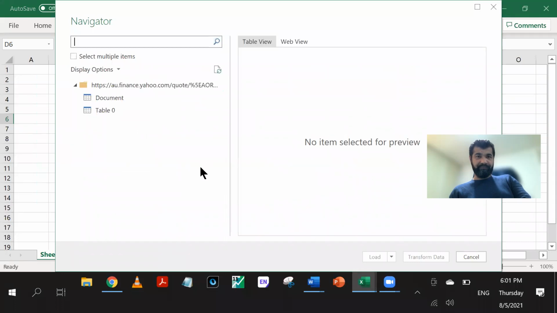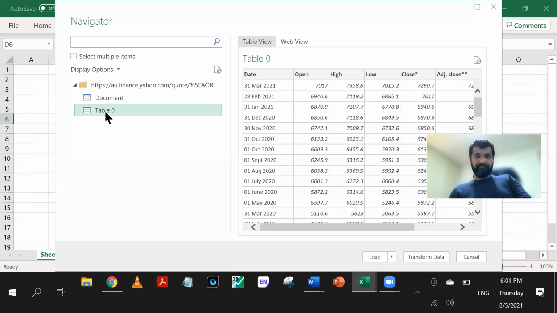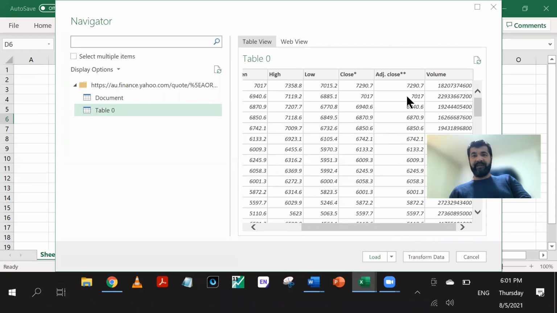Okay, there you go. See, you get the data here.